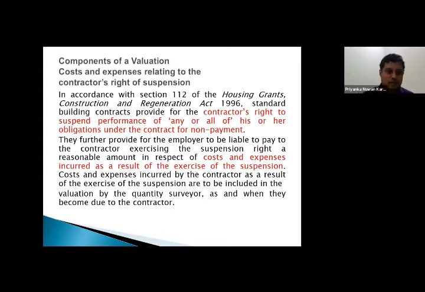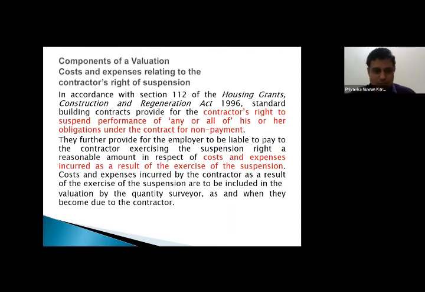They further provide for the employer to be liable to pay to the contractor exercising the suspension right a reasonable amount in respect of costs and expenses incurred as a result of the exercise of the suspension. So basically what you have to understand from the last two slides is that whenever there is a period of suspension in the project, not suspension of the contract, that is not the correct word, suspension of the activities pertaining to the project, the contractor has a right to costs and expenses related to the suspension, maybe idling or something like that.